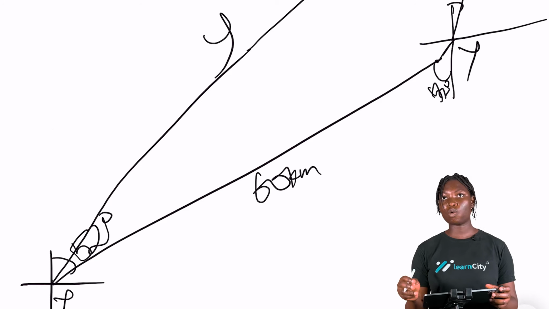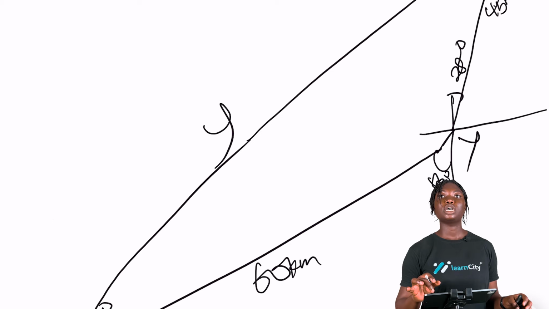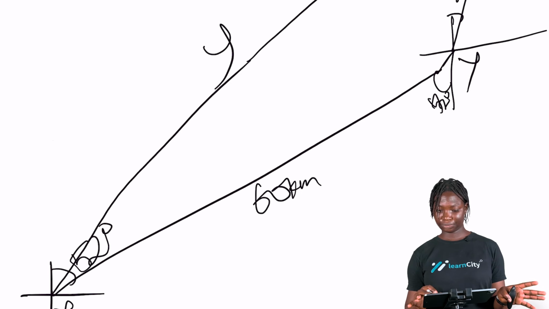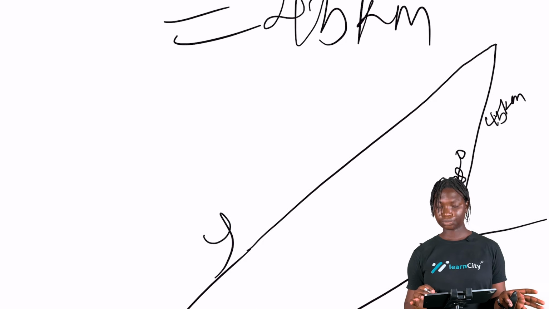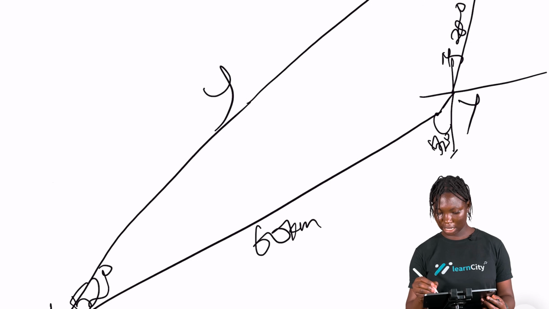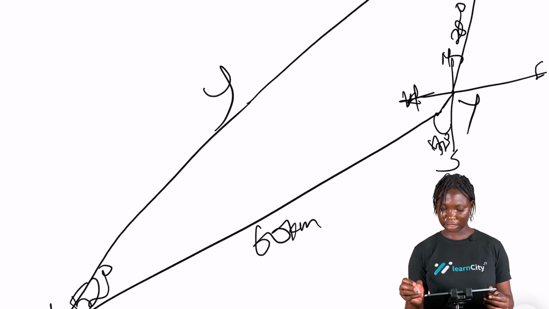We have north, west, south, and east, and our points x, y, z. So this is our north, this is south, this is west, and this is east.